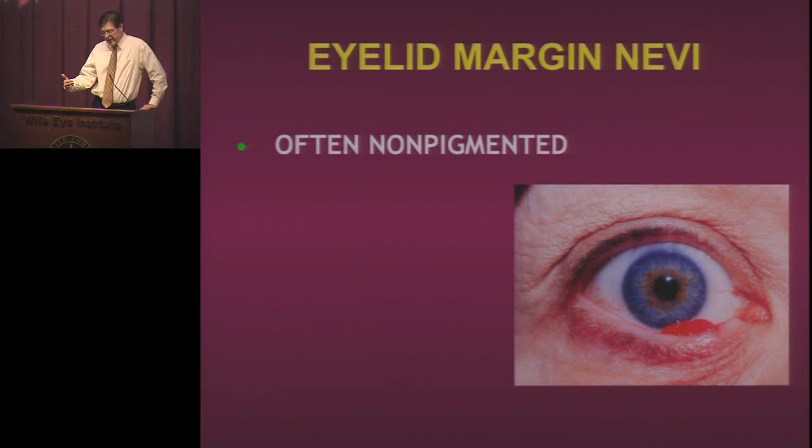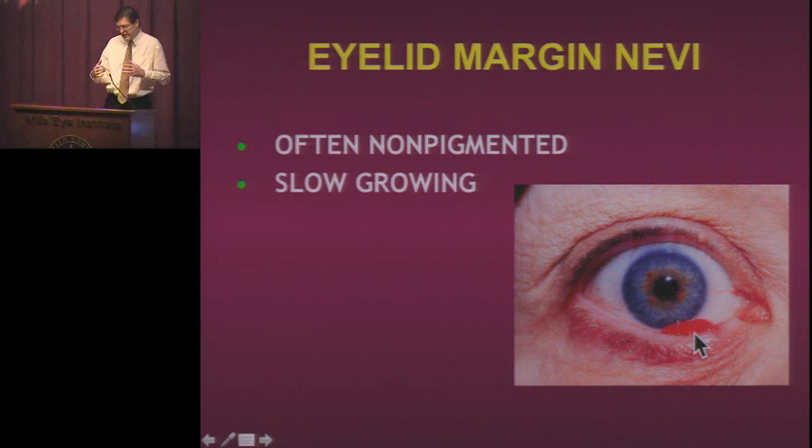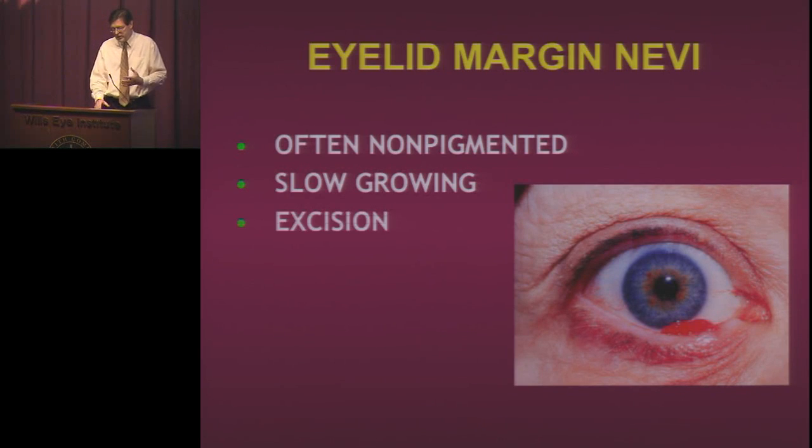And let's go just very briefly to eyelid margin nevi. This is a red one, but oftentimes the amelanotic nevi may look just the same color as the skin. There's no lash loss. It's just displaced. And you have to be very careful when you're removing these, because if you think it's a tumor and you want to remove the whole thing, it goes into the tarsus, into the lid. You're going to deform the lid greatly. They're usually very slow growing, so I tell patients who want to have them removed, here's what we're going to do.